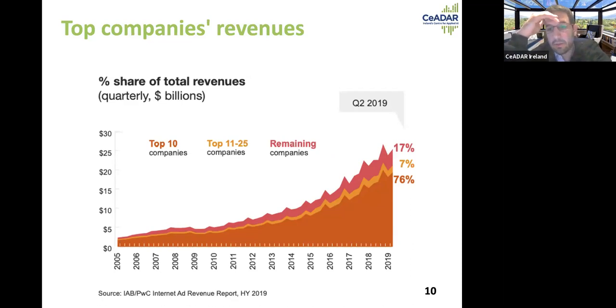So 76% of all the online advertising is made only by 10 companies, and I think you can guess which companies those are. So which companies do you think they are?